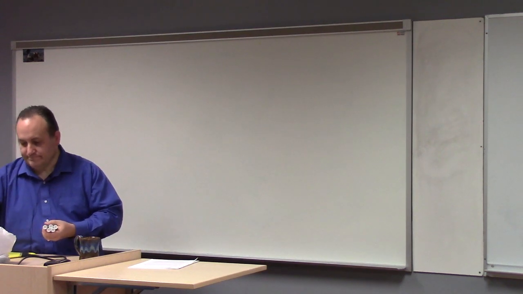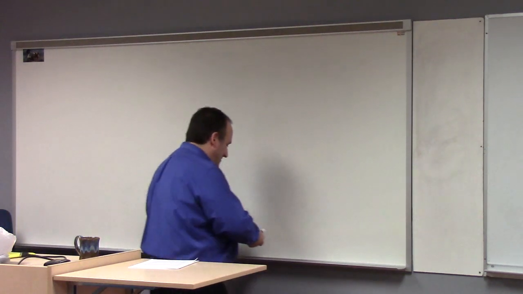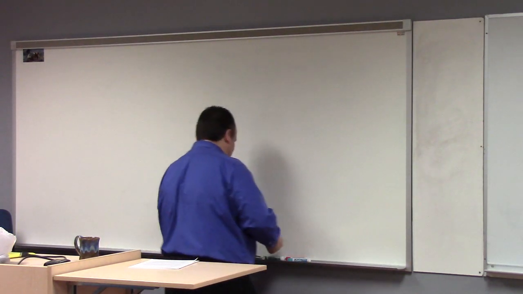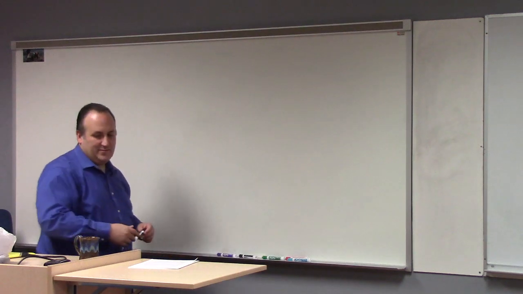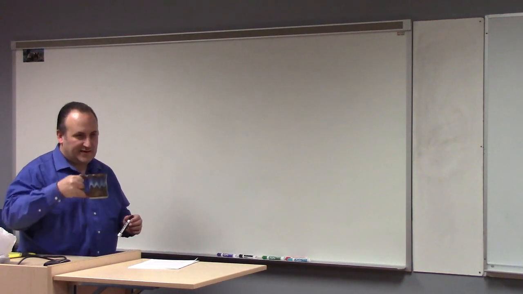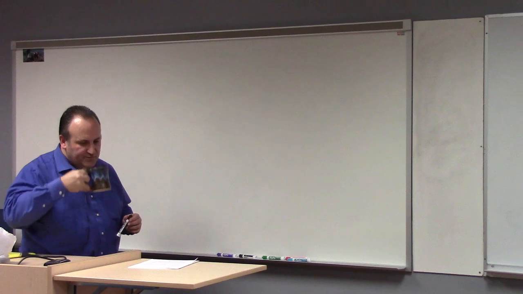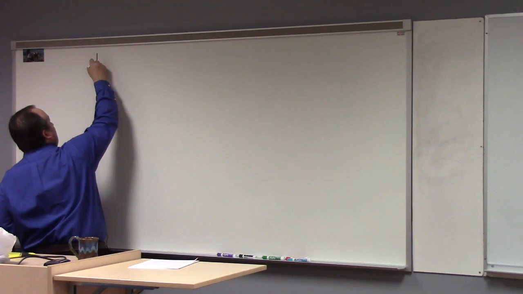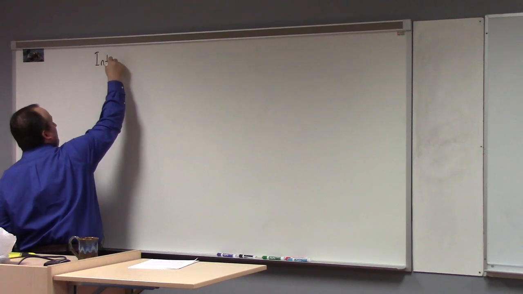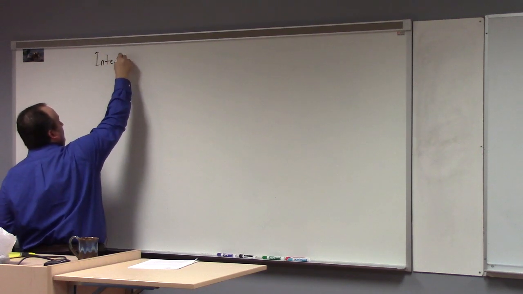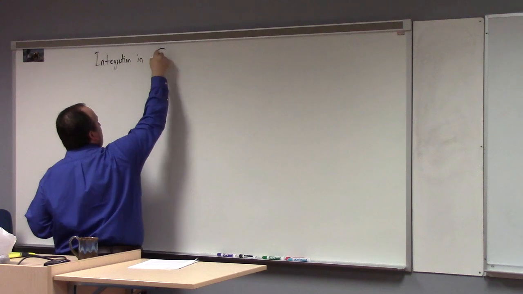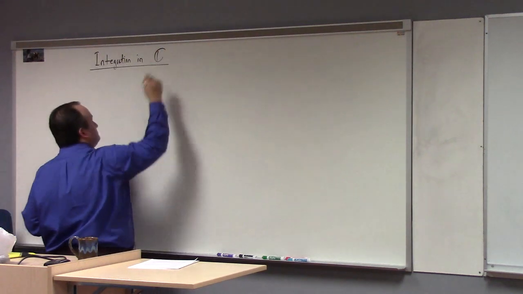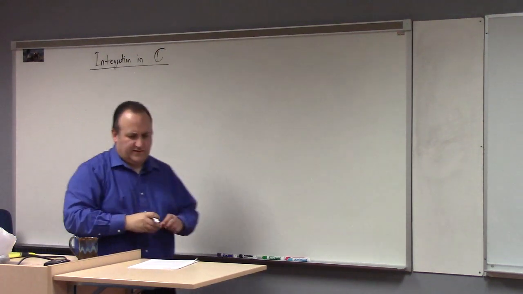There's a whole bunch of calculations you could probably do for anti-holomorphic functions. But anyway, we are now going to begin talking about integration in the complex plane. And so I'm going to get straight to it.